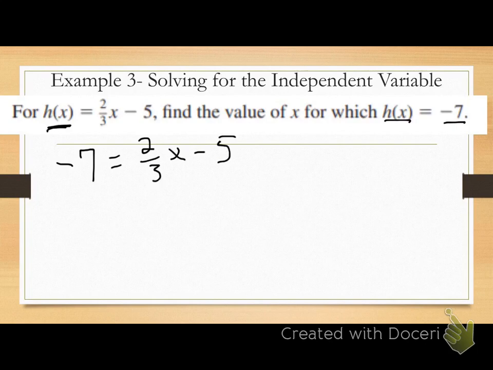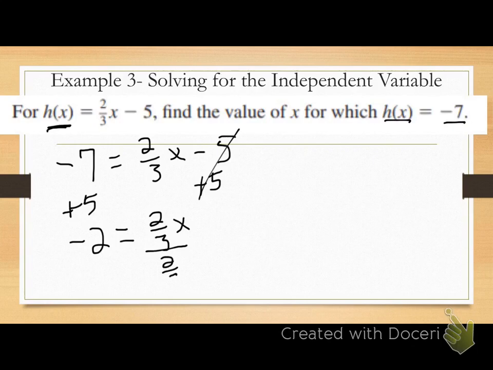And now I'm solving my equation for x, trying to get the x by itself. So I'm going to add 5 to both sides. -7 plus 5 gives me -2 equals 2/3 x. 2/3 is being multiplied by x, so I divide both sides by 2/3.